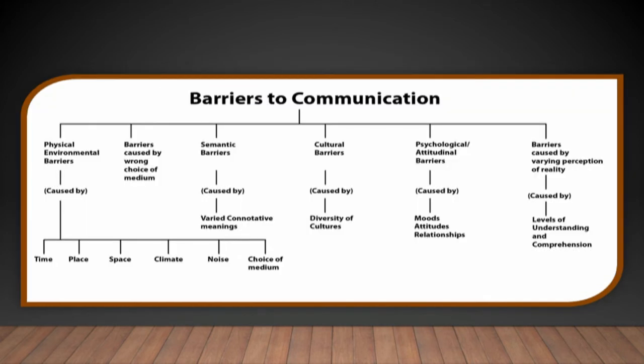Okay. Now you can see this diagram here. First is the physical environmental barrier. Now that is caused by the problem of time or place or space or climate or noise or choice of the medium. Then there is a barrier which is caused by the wrong choice of medium. Then there is also a barrier which is related to the semantics, that is caused by how the meaning is connotated, so how the meaning is interpreted.